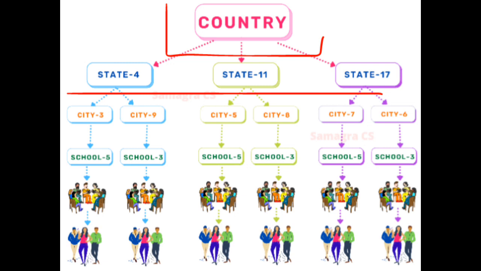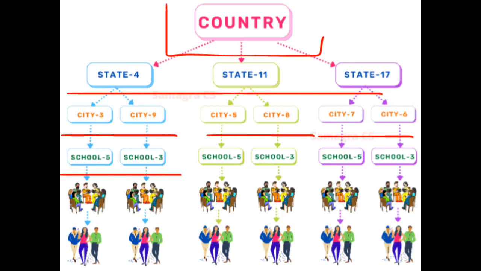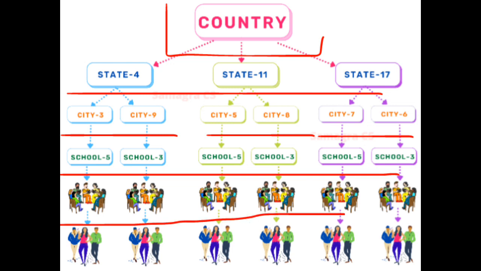Then from each selected state, few cities were selected, as you can see. Then from each selected city, one school was randomly selected. And then at the last, few students from each selected school were randomly selected to represent the sample.